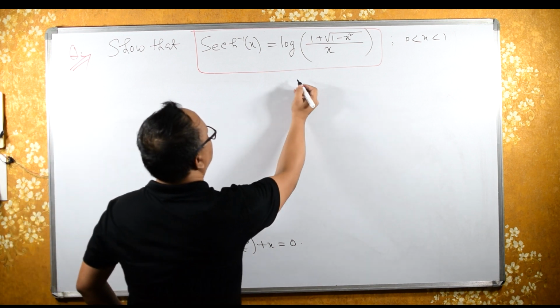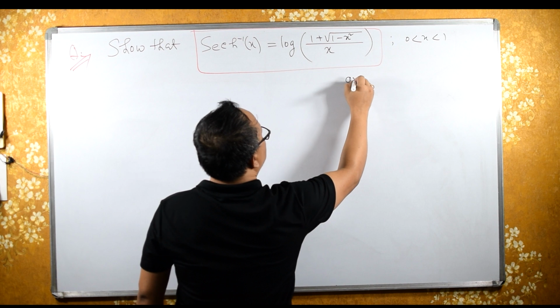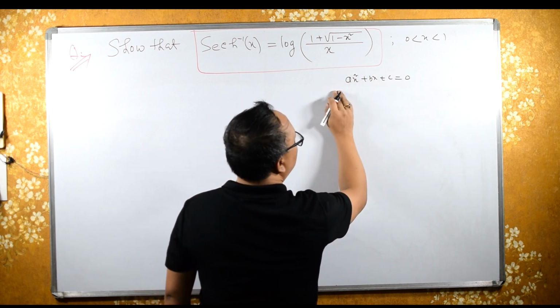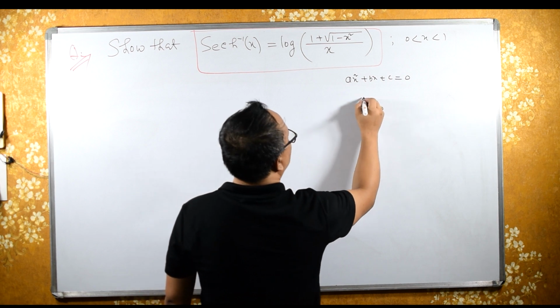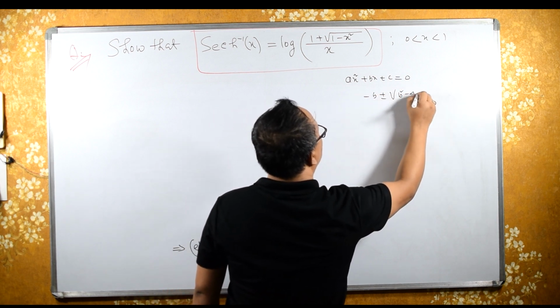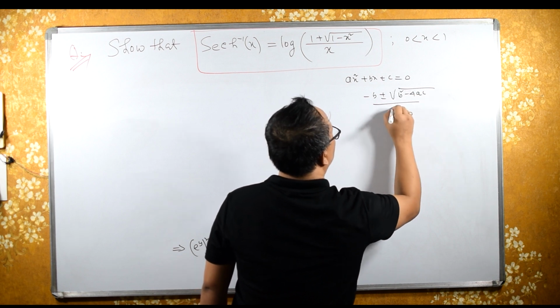For a x square plus b x plus c equals 0, the values of x are minus b plus minus square root of b square minus 4ac, upon 2a.